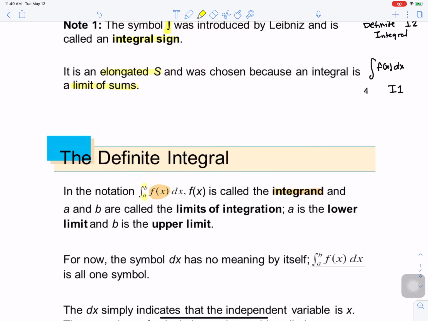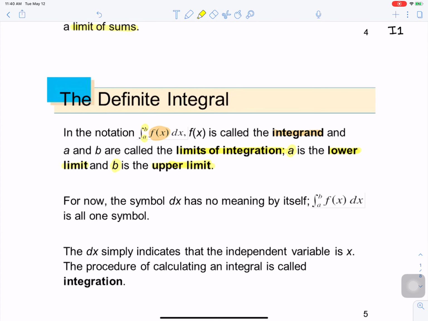The a and the b, we call those the limits of integration, a being the lower limit and b being the upper limit. That breaks up the x-axis into where we want the area under the curve. The symbol dx doesn't really mean anything by itself. It's just saying that we're doing the integration with respect to x.